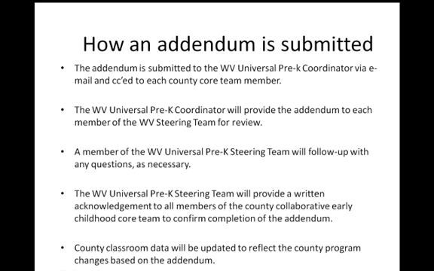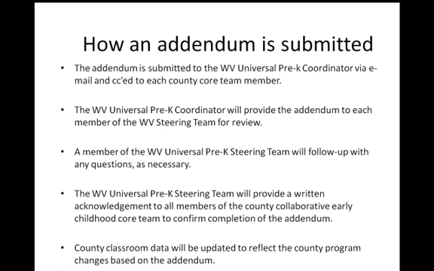So you would submit your addendum electronically to the West Virginia Universal Pre-K coordinator, but you also need to copy each county core team member on that email so that they know that business is moving forward with the plan for the changes for the county.